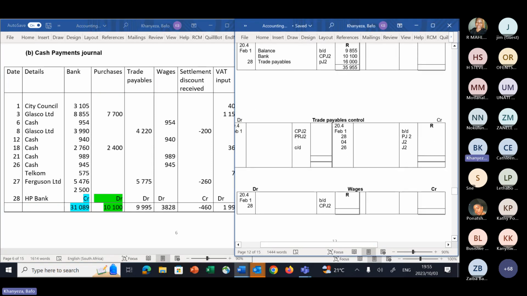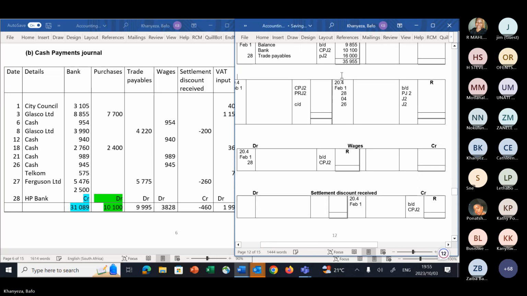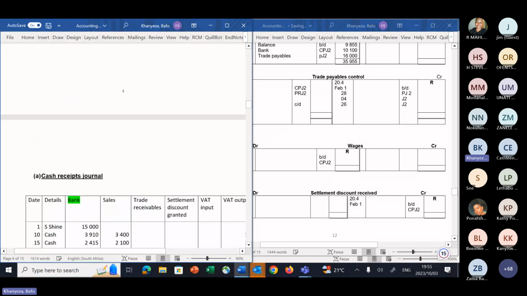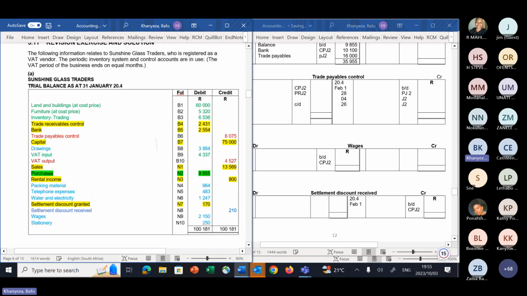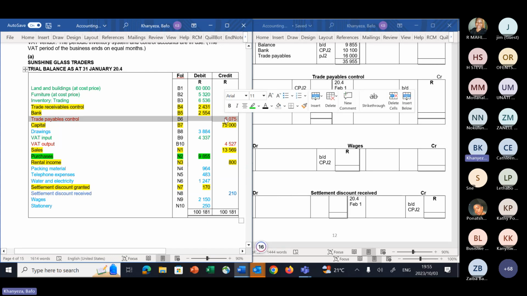So what's next is trade payables. That's where now you have to use your reasoning. It's no longer a giveaway like before. Let's see whether you are able to see this. Trade payables control, 6075 balance. See, I'm coloring differently.